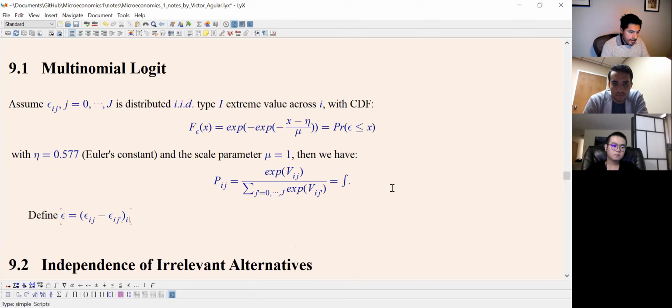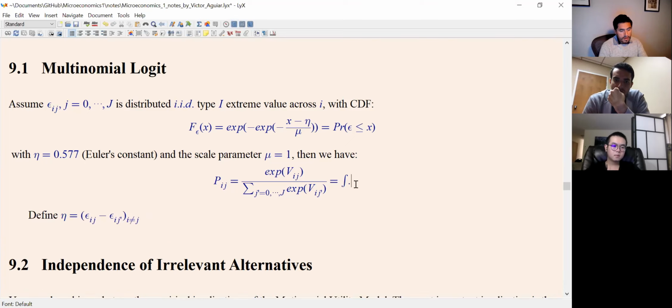For all i different than j, right? And now I'm going to call it, the distribution of this is going to be called delta E, I guess. Okay, so this is a vector.